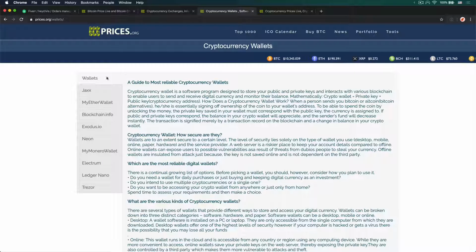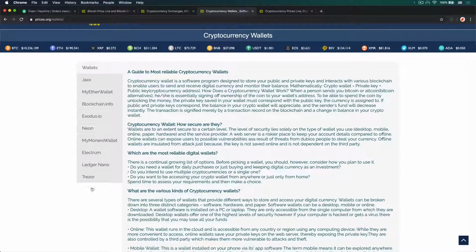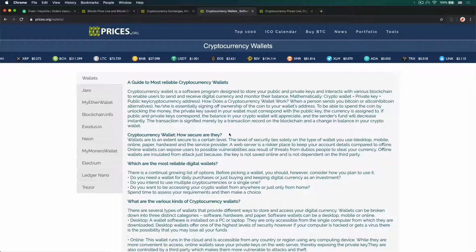So have the Jaxx here, and then you have MyEtherWallet here, and then you have Blockchain.info here, and Exodus here, and making those a little more attractive, let's say. And as I mentioned, bringing in the affiliate offers, the affiliate codes and sign-up things on this page as well. So overall, those are my general thoughts about the platform that you're building here.